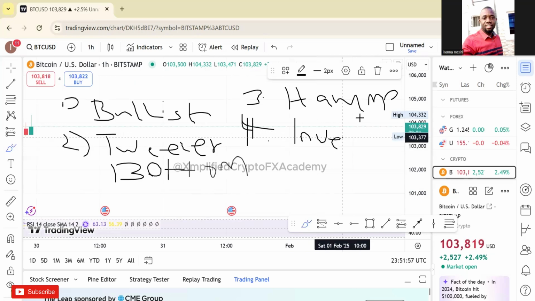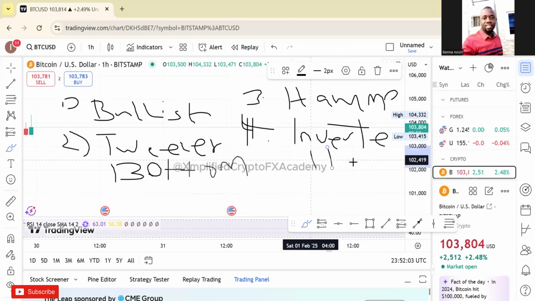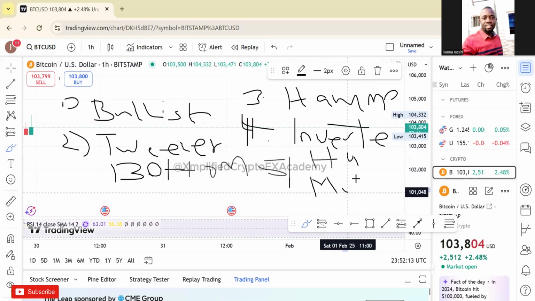Inverted hammer. Okay. Then number five, we have the morning star. Okay, morning star. That's number five.